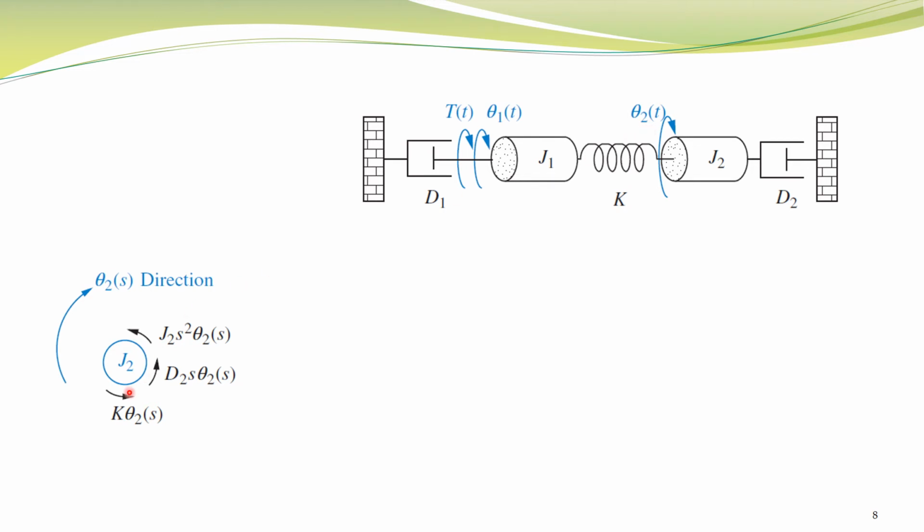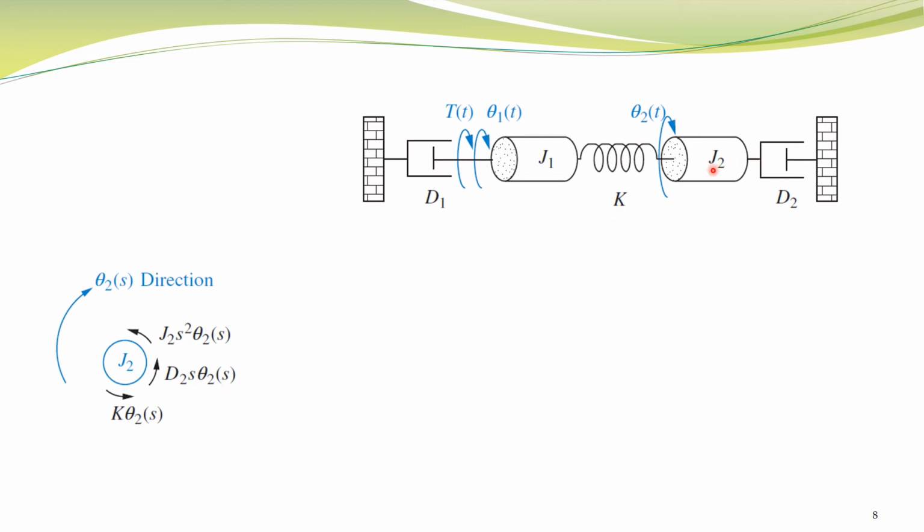That is, this spring will exert a torque in counterclockwise direction, and its magnitude is k theta 2 of s. Similarly, this damper will also oppose this angular displacement, that is, it will apply a torque in counterclockwise direction, that is given by d2 s theta 2 of s.